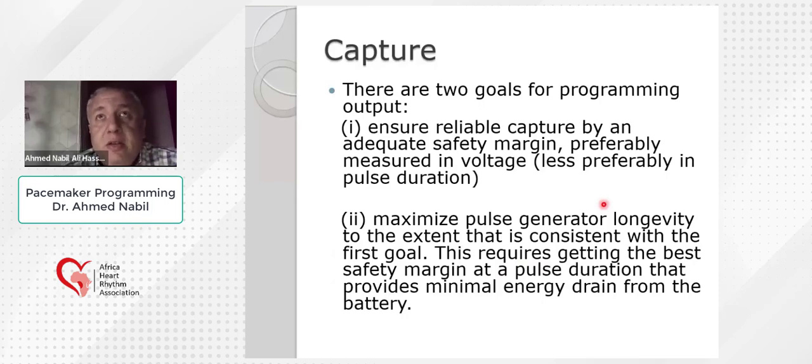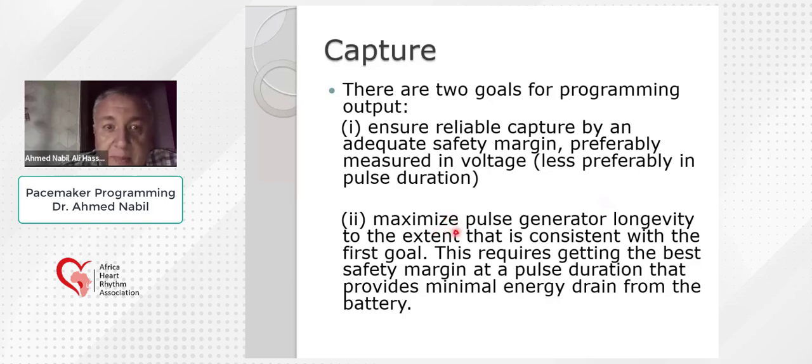The goal of measuring the pacing threshold and adjusting the pacing output are actually two goals that complete each other. The first is to ensure that I am always reliably capturing the ventricle or the chambers that I am pacing. There is no malcapture; the pacing is always translated into capture.